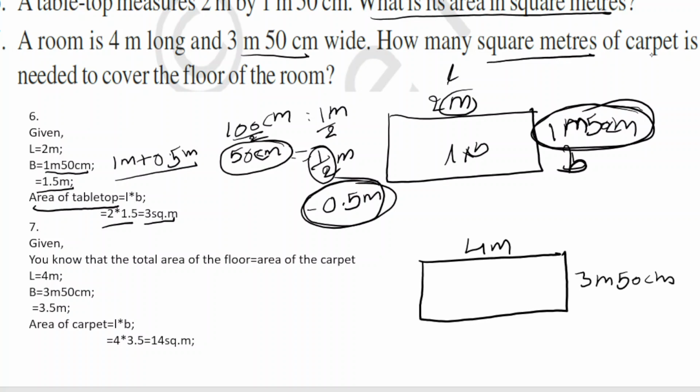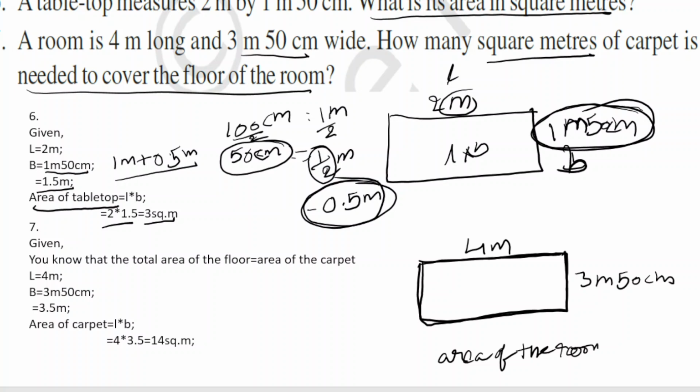How many square meters of carpet is needed to cover the floor of the room? The carpet must cover the entire room, so the area of the rectangular room is nothing but area of the carpet. Area of the room is equal to area of the carpet.